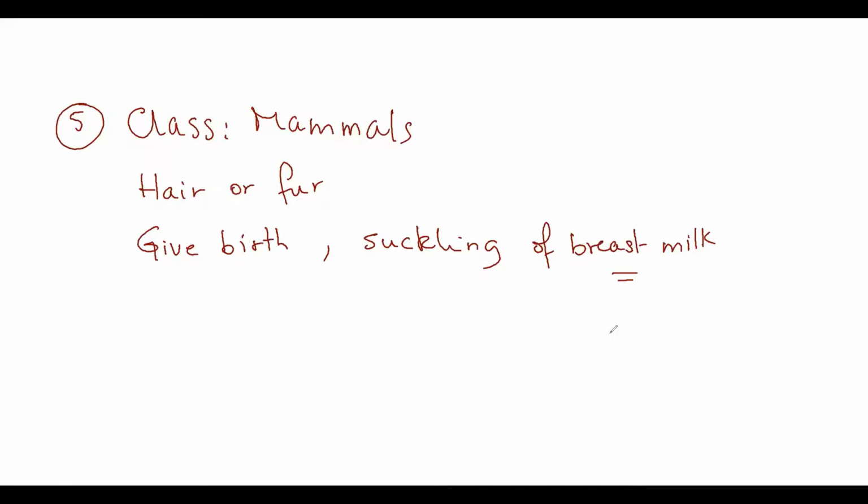Did you hear this information about the mammals or not? No. This is the last class of vertebrates, and they are called mammals. Their skin is covered with hair or fur, and I explained the difference between fur and hair.